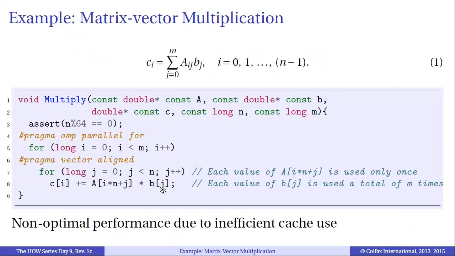but there is one issue. Suppose n is so large that vector B does not fit in the level 1 cache available to each core.